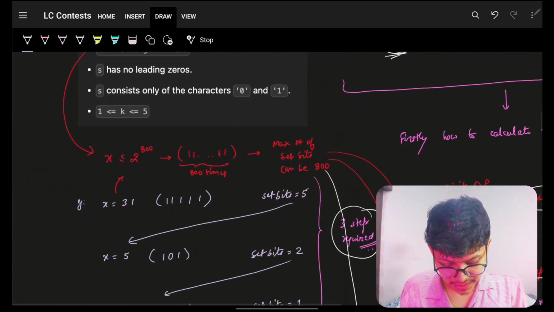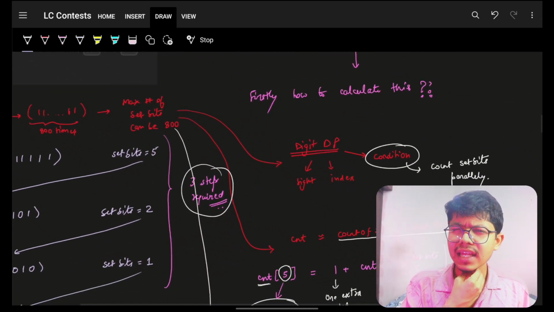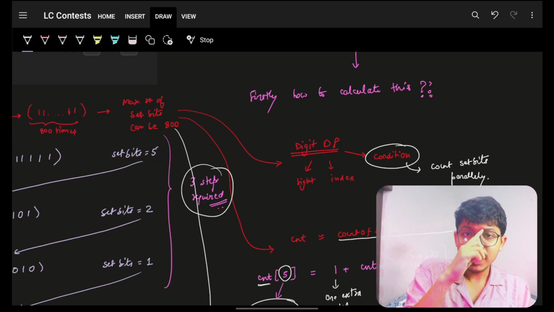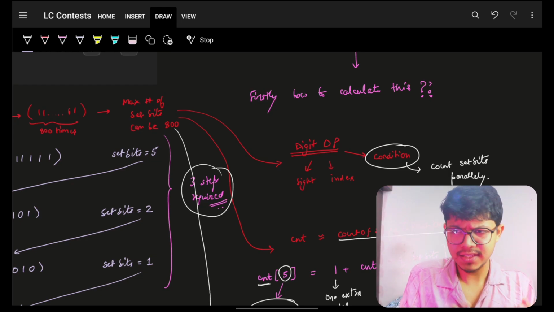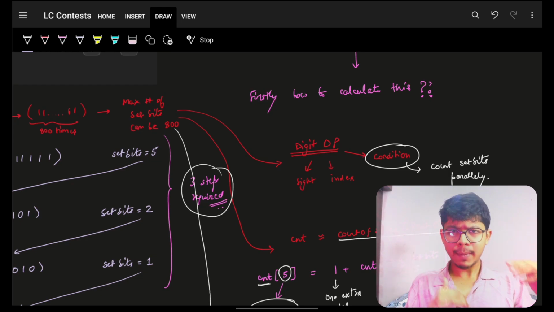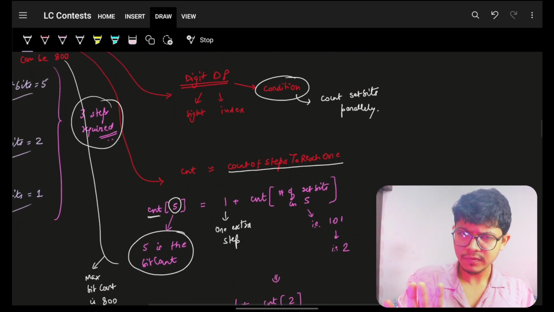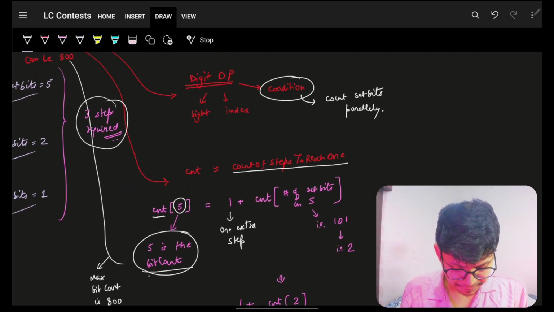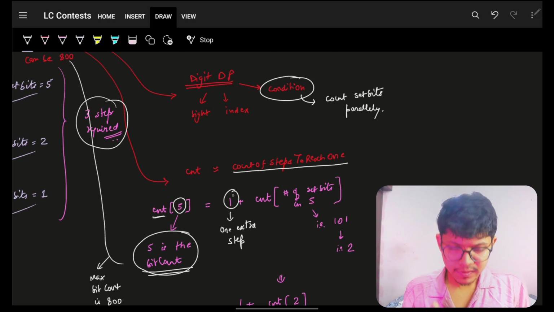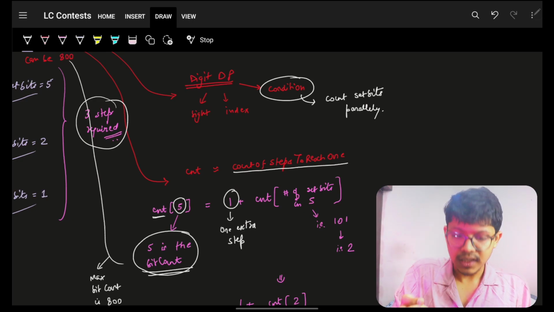Now Aryan, but then how would you know that at max what should be the bit count, as in at what point are you about to reach, or what's your plan? We will see that. But still, if this is a bit count, I realize that one step will be required, but to reach where?